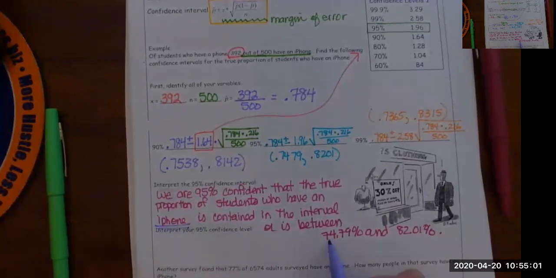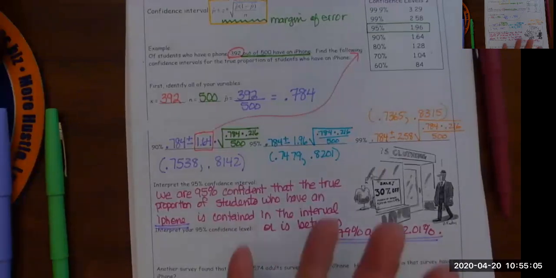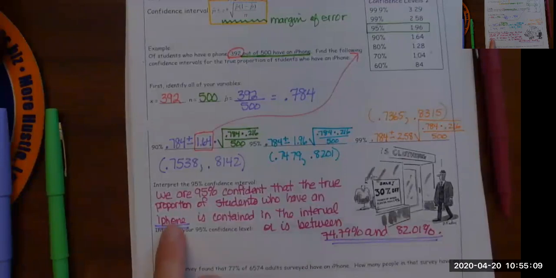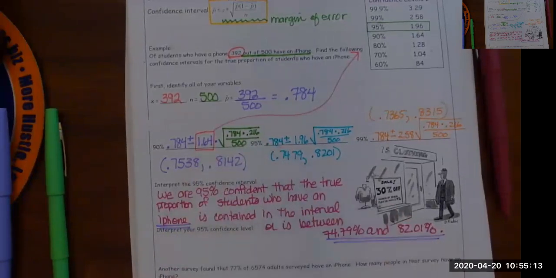Okay, notice that's going to change, but the rest of the sentence, like if I were asking you about Nike shoes or whatever, this could change, and then of course depending on which question I ask you. So we are 95, let's think about what this says. We are 95% confident that the true proportion of students who have an iPhone is somewhere between 74 and 82%, really 75 and 82%, right?